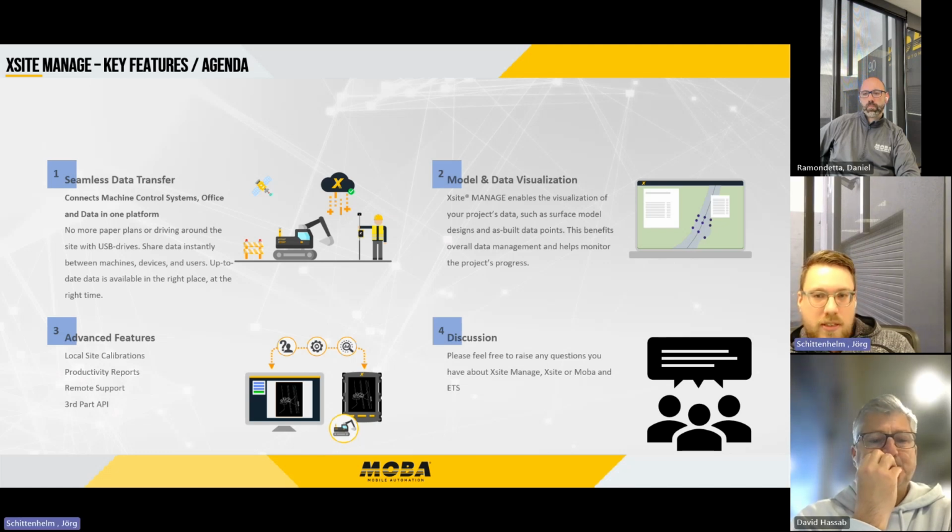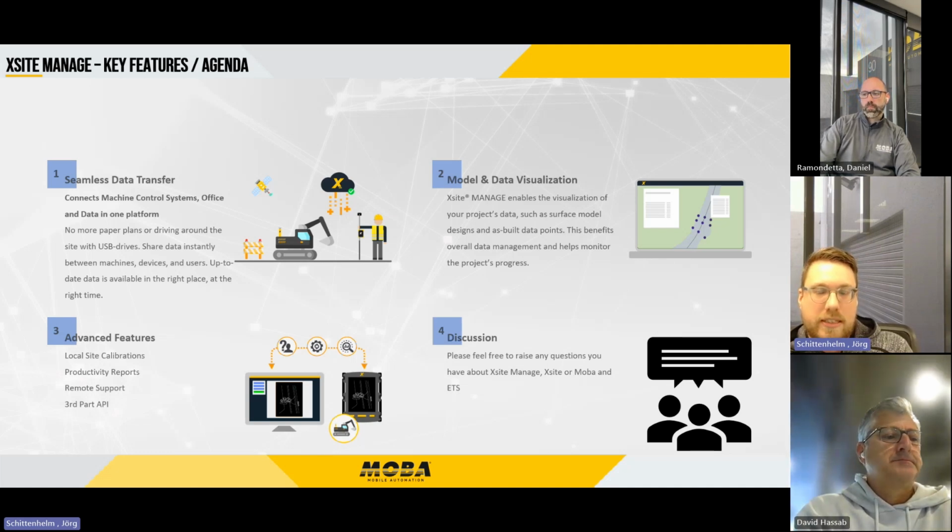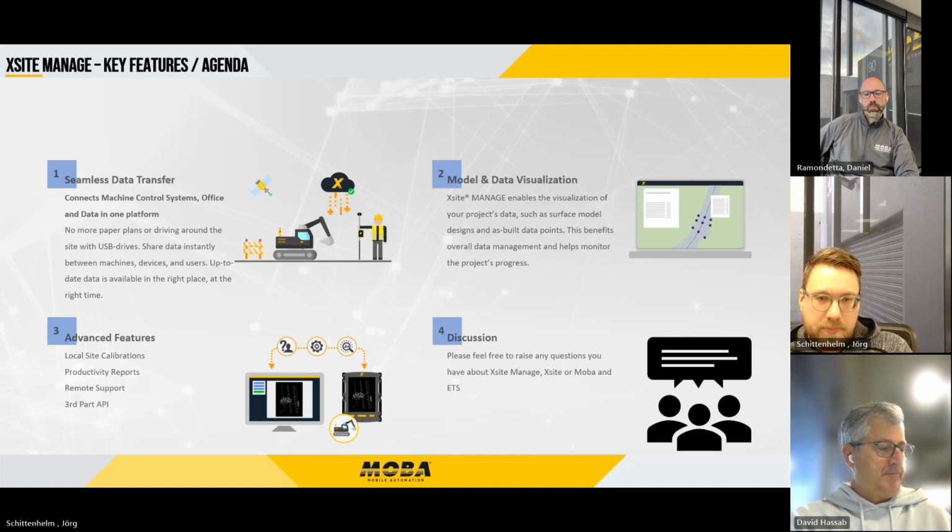So moving on to the third block we want to cover today, a little bit more on the advanced features that are part of the Xsite Manage functionality. Local site calibrations, you might know what that means or not, but we will get you sorted there. Productivity reports: the platform allows us to have quite detailed information on what happened on specific machines and specific job sites.